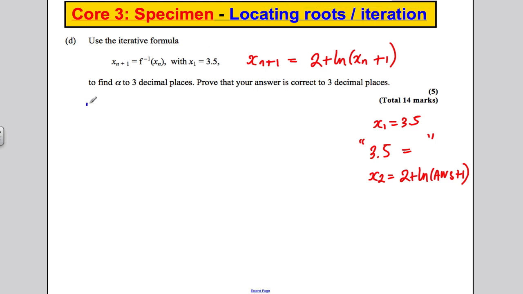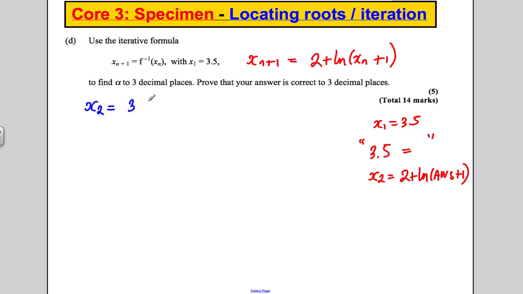So therefore, x2, what is that going to be equal to? Well, we type in 3.5 equals, so that's ans on our calculator. We then type in 2 plus ln ans plus 1, close brackets.